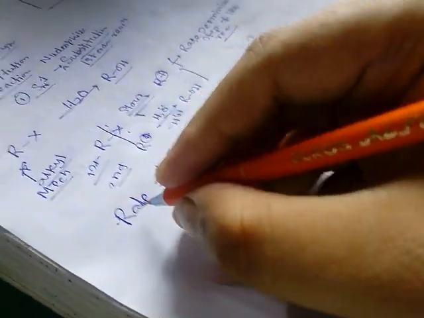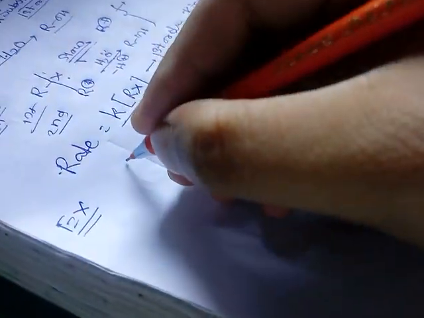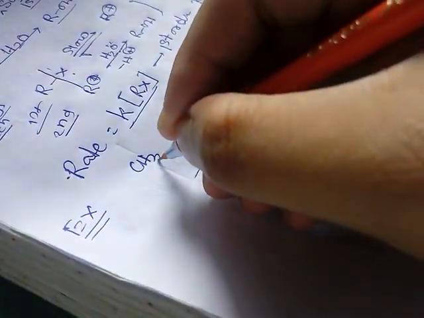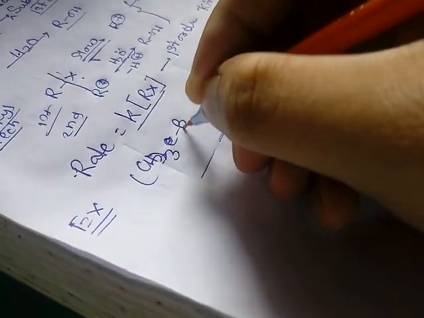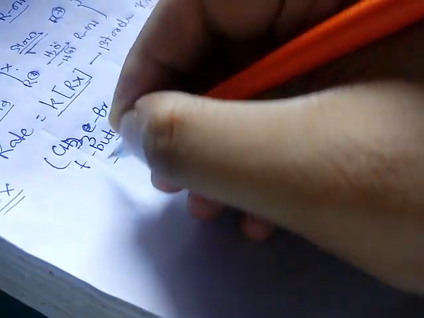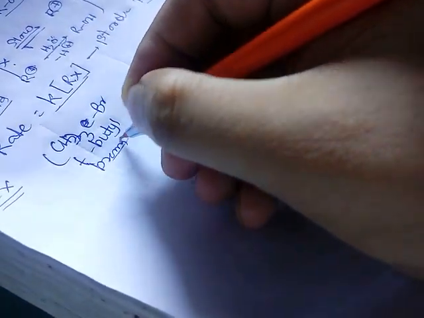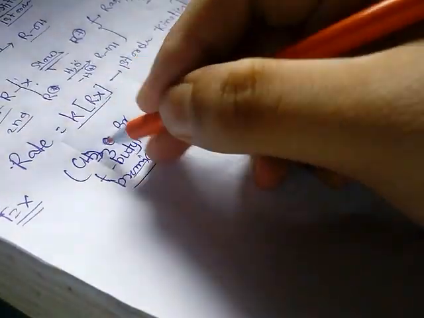Now let's see an example. I am giving an example of tertiary butyl bromide. It is the main substrate of this reaction.